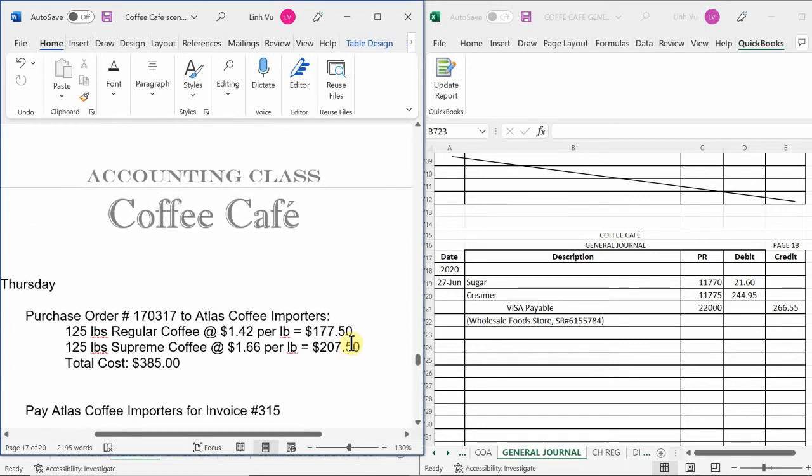And then here it says right here, we are going to make another order to Atlas Coffee Importers, for a total of 1703.17. On the demo, we go to the POs.